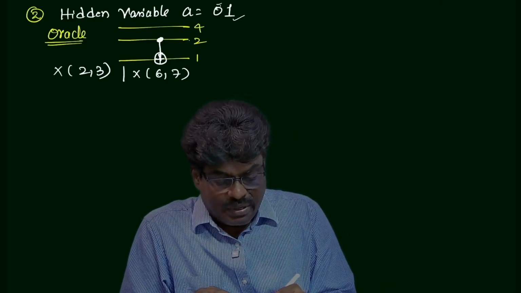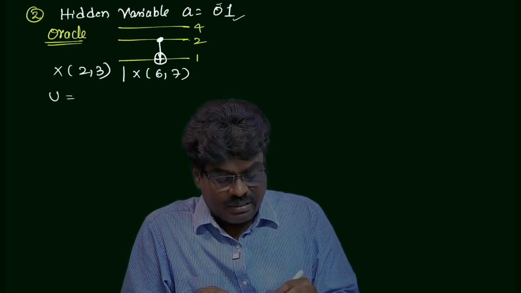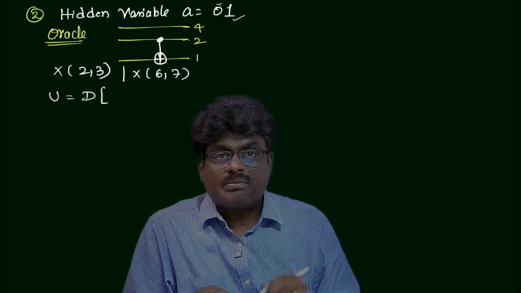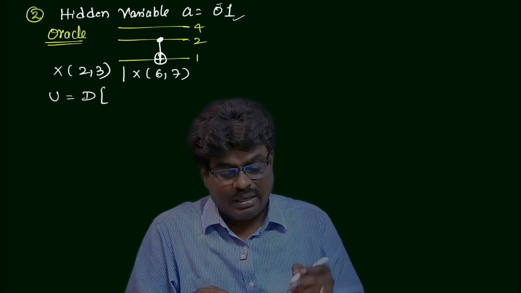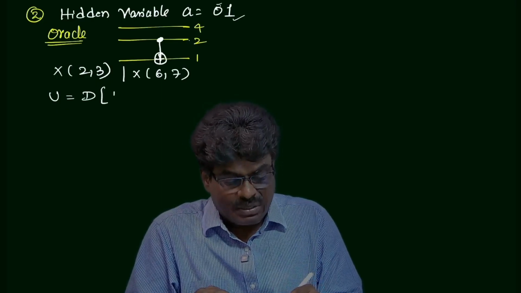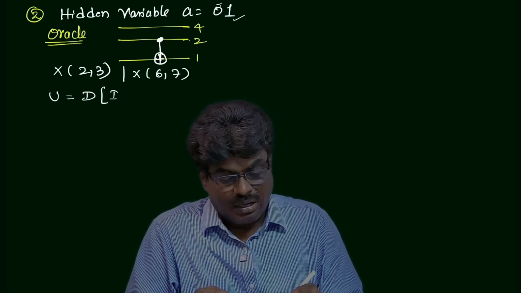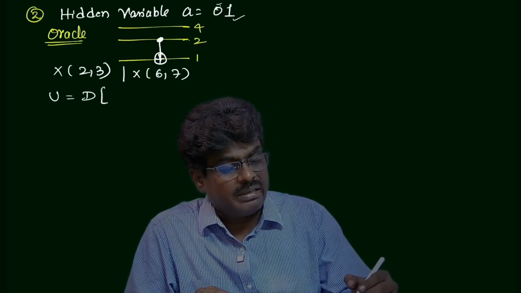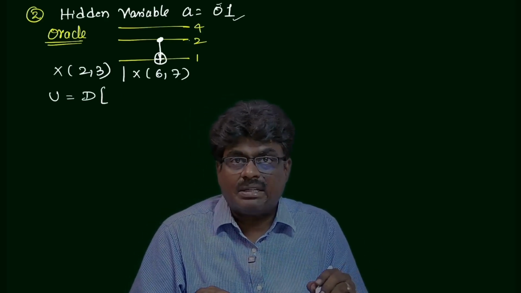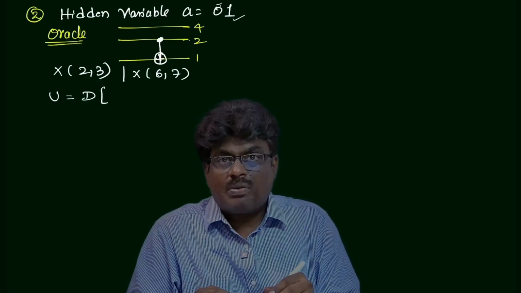So what is the unitary operator here? This is a diagonal matrix of order 8. Okay, so here no 0 1, that's why identity. I hope everybody understands how I am writing this unitary operator. So 0 1 is not there, that's why identity.